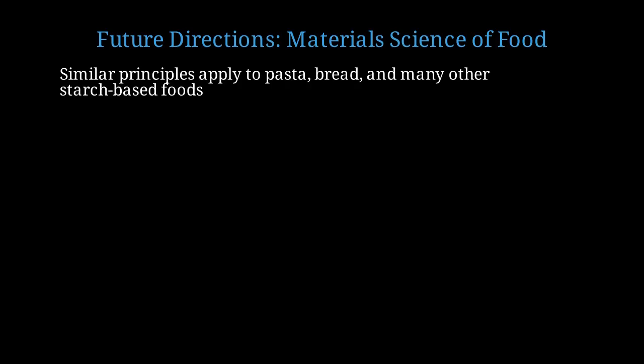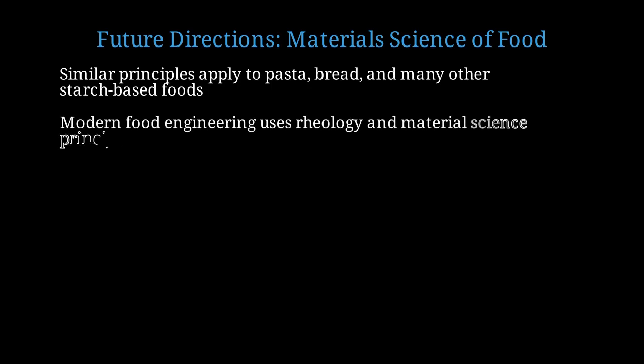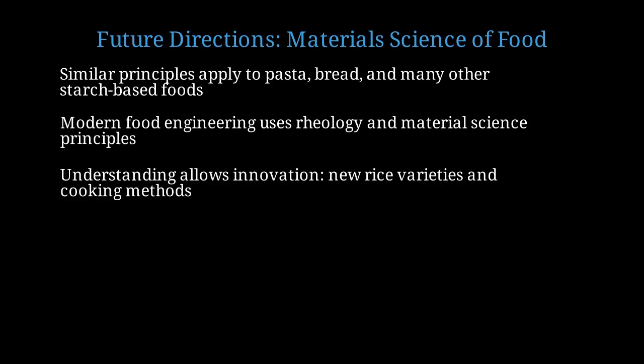The field is rich with opportunities for quantitative understanding. Modern food engineering increasingly uses rigorous rheology, colloidal science, and polymer physics to design products with specific textural properties. This fundamental understanding enables innovation, from breeding new rice varieties with tailored starch composition to developing novel cooking methods that precisely control texture.